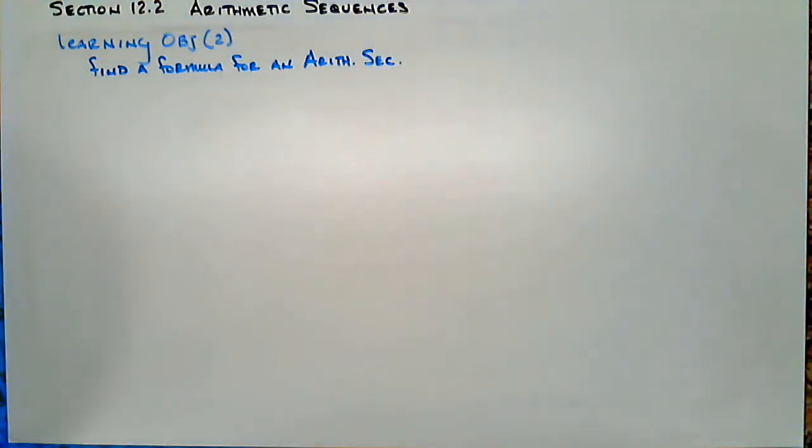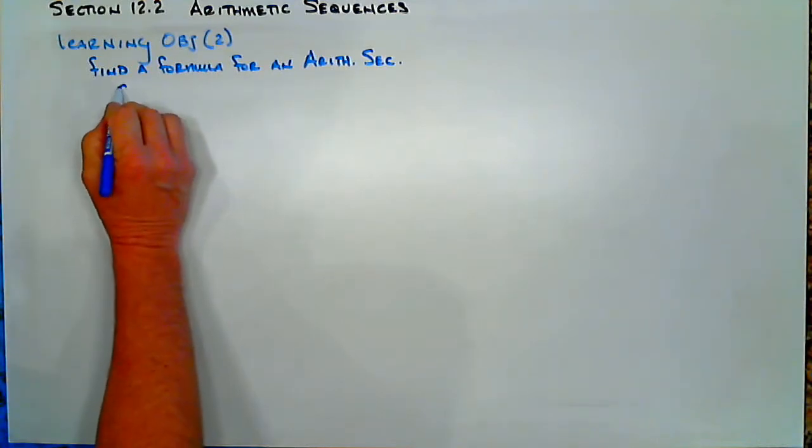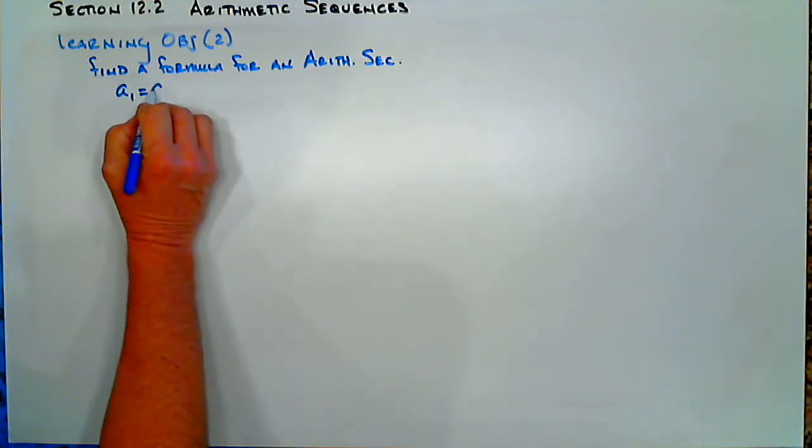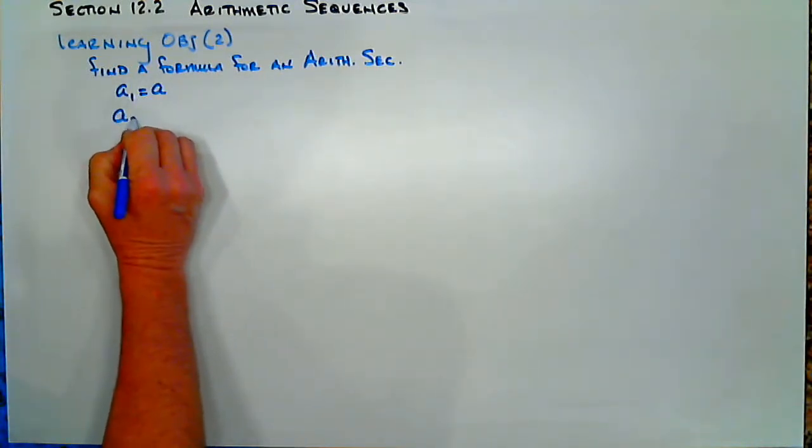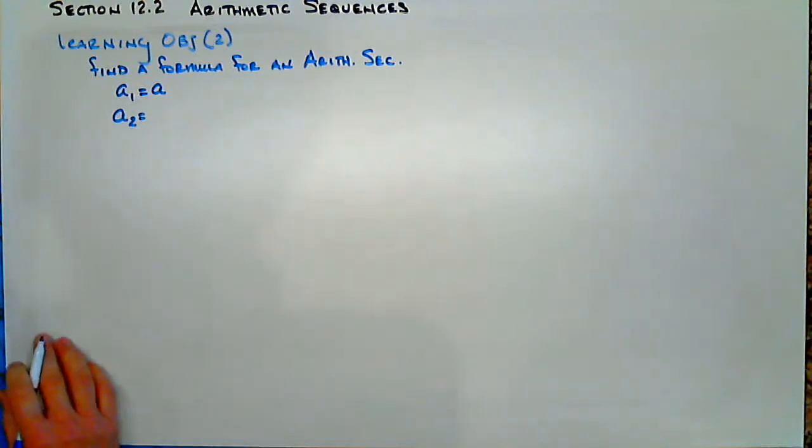And they want us to actually find the formula. Now, you and I, we've kind of already done this, to be perfectly honest with you. We did this in our introduction example. In the textbook, they point out to us that the first term is a, and then they construct what you and I have already constructed.